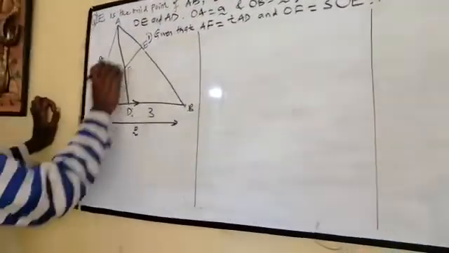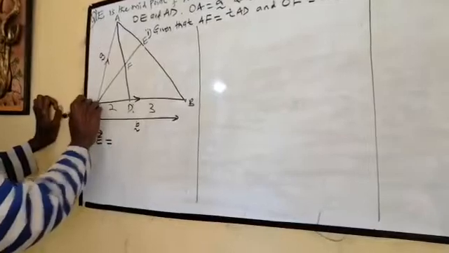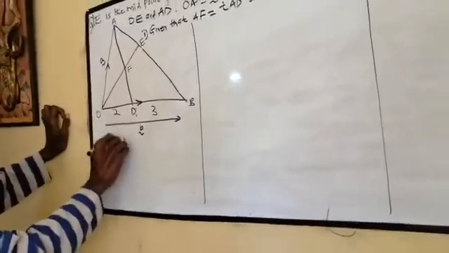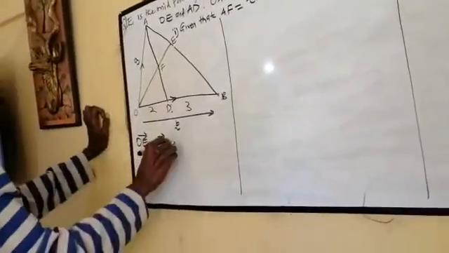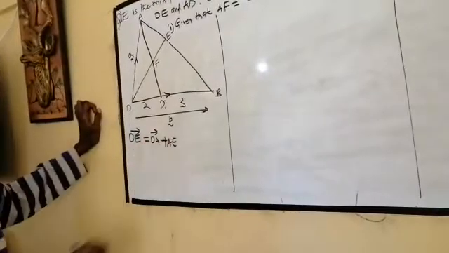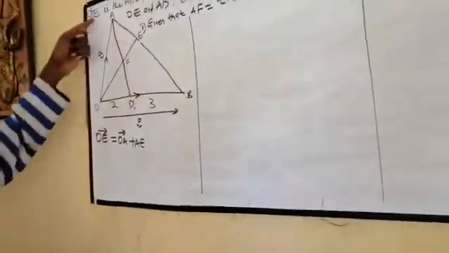To move from O to E, that is OA plus AE. But also remember, E is the midpoint of AB.